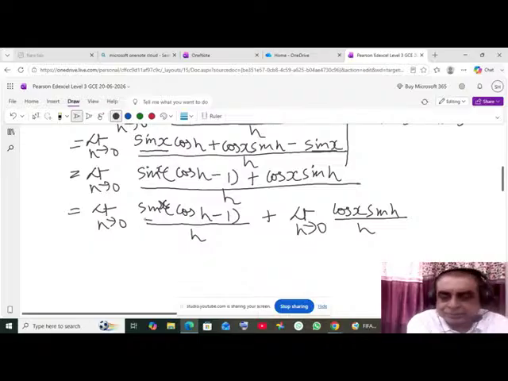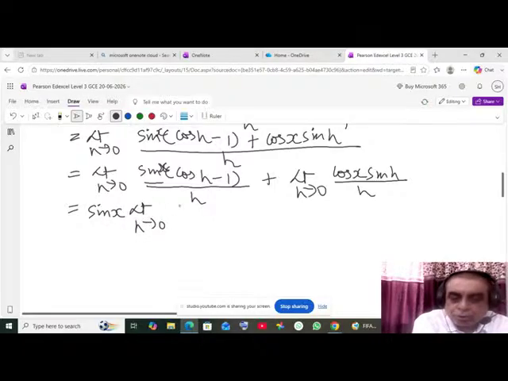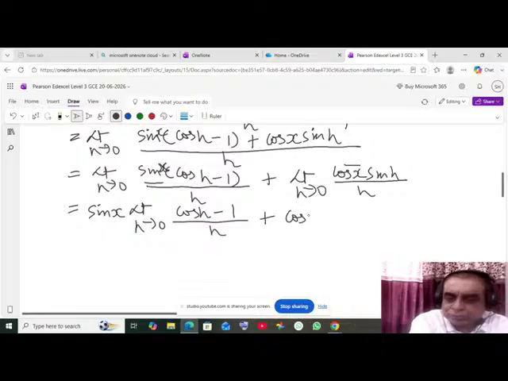Now this sine x, because there is no h, we write before the limit: sine x times the limit as h tends to 0 of cos h minus 1 divided by h. And from here you take cos x out: cos x times the limit as h tends to 0 of sine h upon h.